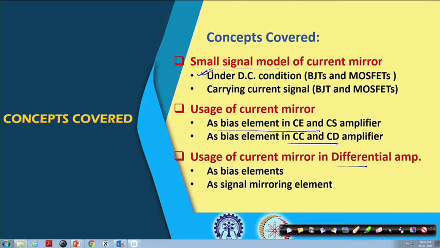One is the current mirror may not be carrying any signal, namely under DC condition, and we need the small signal equivalent circuit. The second is where the current mirror may carry signal in the form of current. We will be talking about both BJT and MOSFET versions of the small signal model. Let me talk about the small signal model of current mirror implemented by MOSFET.